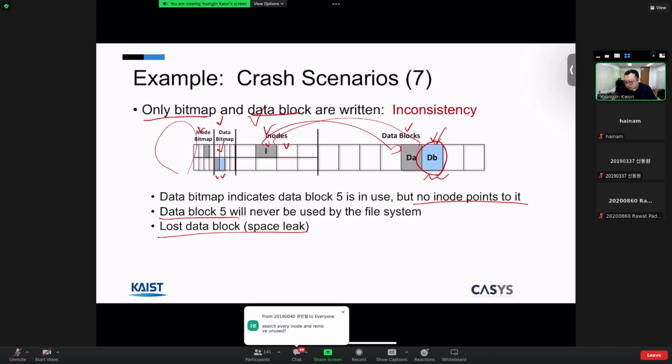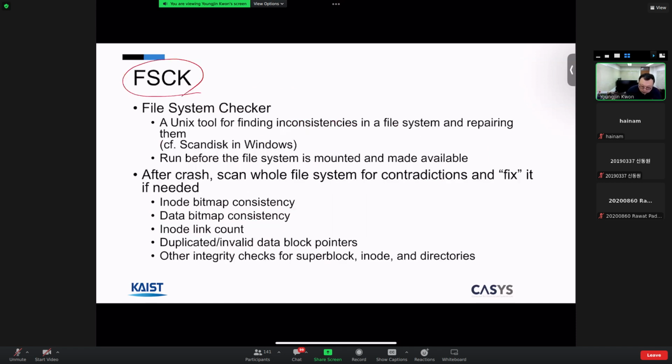So what's the consequence in that case? Remove unused. Okay, searching the inodes, you see that the bitmap says block 5, but no inode has a pointer to block 5, and maybe this is incorrect. You can actually fix it, right? This operation is called FSCK. So let me stop here.